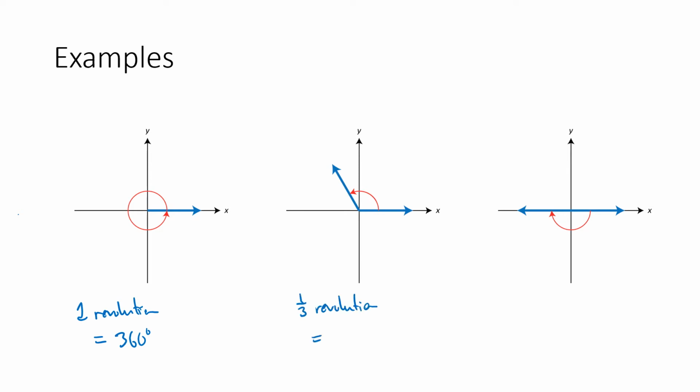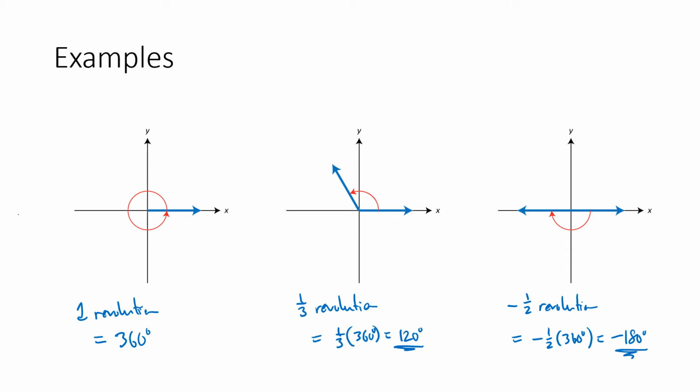So that's going to represent 1/3 of 360 degrees, which is going to be 120 degrees. In this final picture, we had -1/2 of a revolution, and so that will represent -1/2 of 360 degrees, and so that will be -180 degrees.